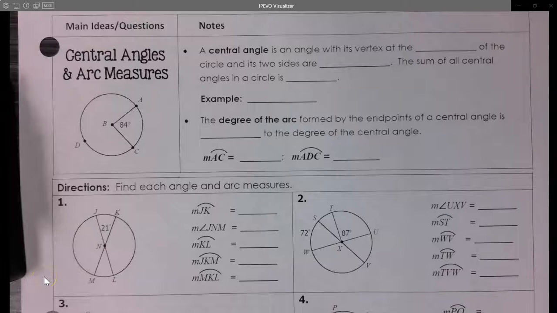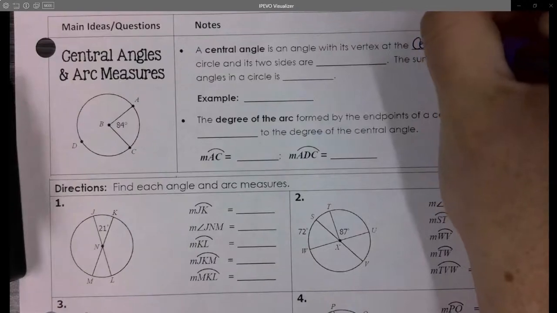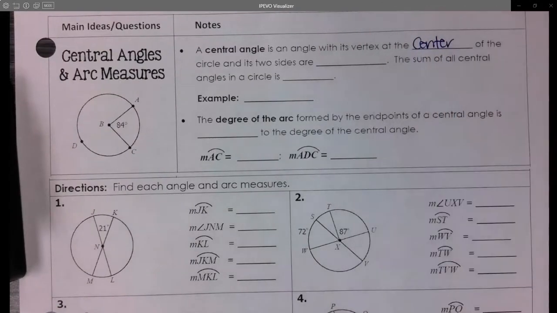So today we are moving on to central angles and arc measures. A central angle is an angle with its vertex at the center of a circle, and its two sides are radii.